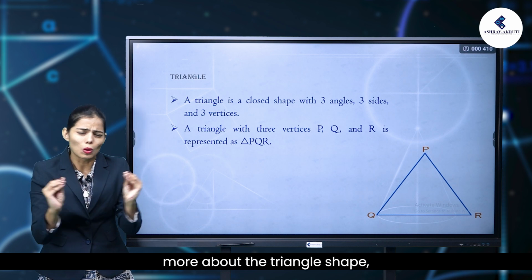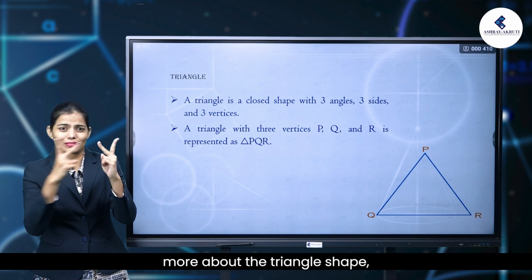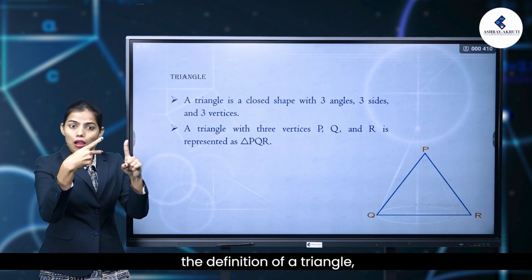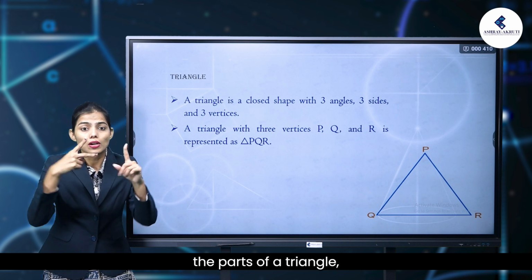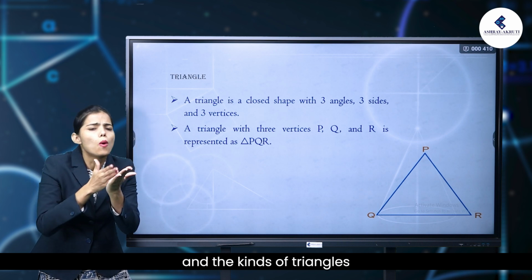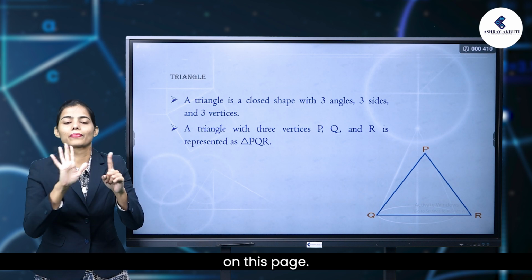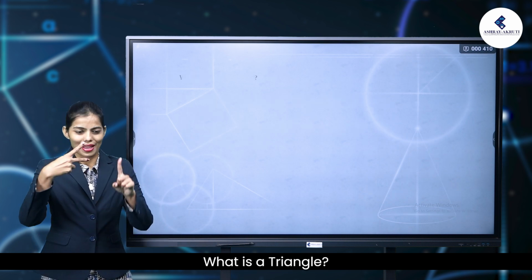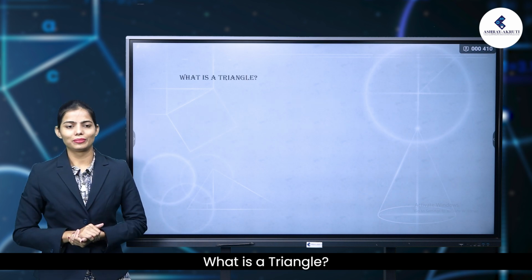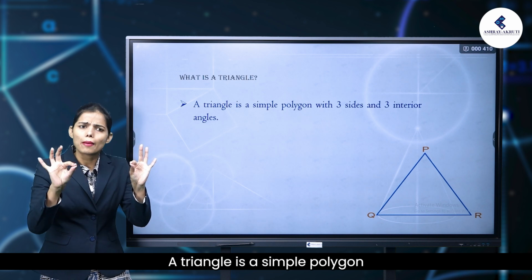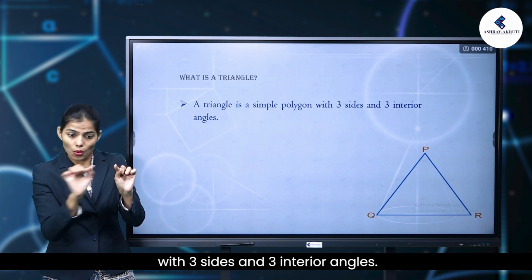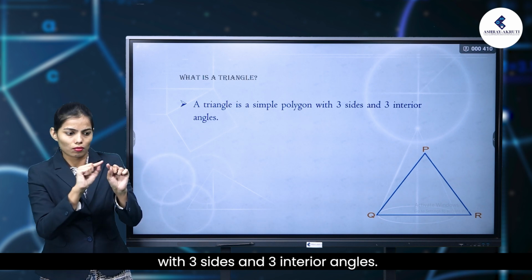Let us read more about the triangle shape, the definition of a triangle, the parts of a triangle, and the kinds of triangles and the properties of triangles on this page. What is a triangle? A triangle is a simple polygon with 3 sides and 3 interior angles.